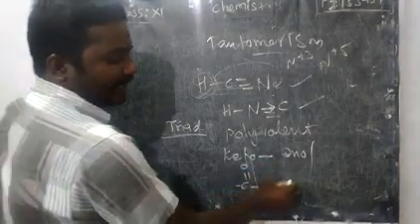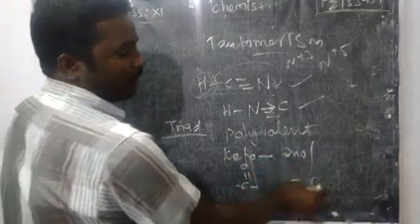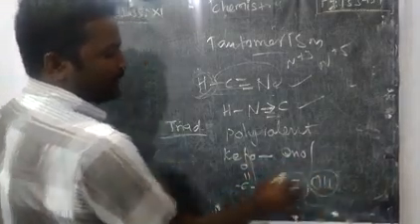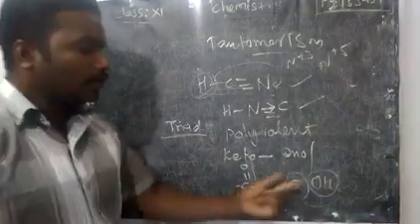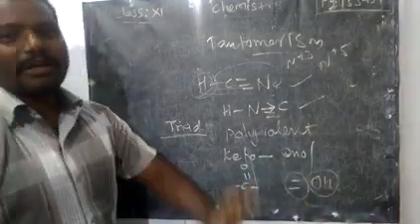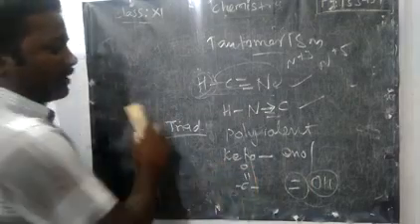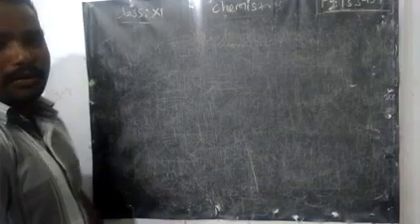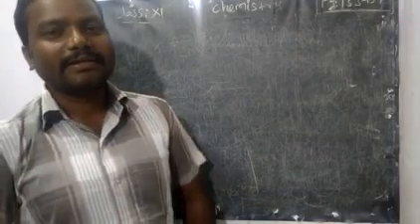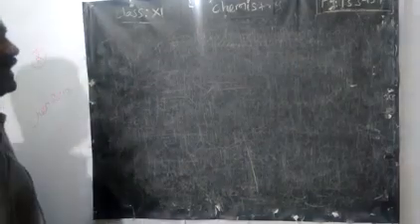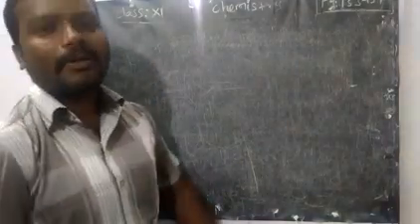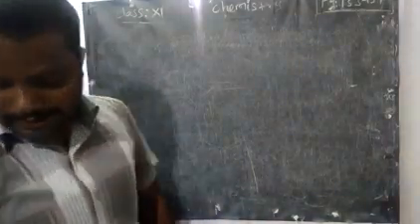Enol means 'en' is double bond, 'ol' means OH group. So the compound will have a double bond as well as an OH group. So when the ketone group is converted, that tautomerism is called keto-enol isomerism, right? This phenomenon is called enolization. The process is called enolization, formation of enol, right?